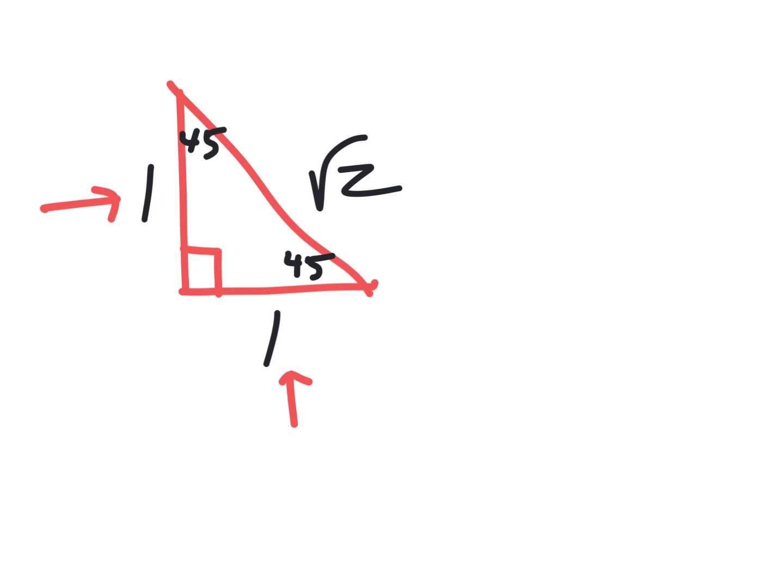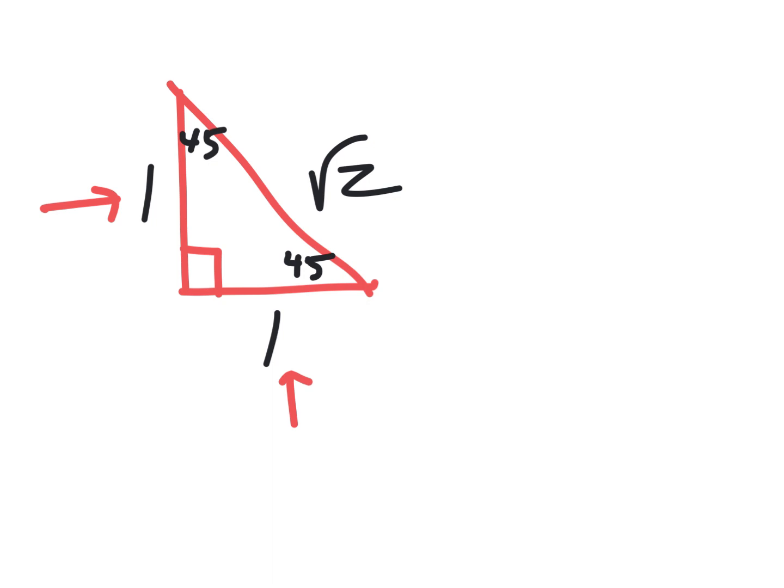Now, I want to give you some logic why we could have known that it was going to be 1 and 1. Do you get that we're picking sides to be as small as possible? We are picking the simplest, smallest numbers. And would you agree 1 is the simplest, smallest number? Okay. Well, then 1 had to be one of these sides. And if there's 2 sides that are going to be equal, why not make them both 1?